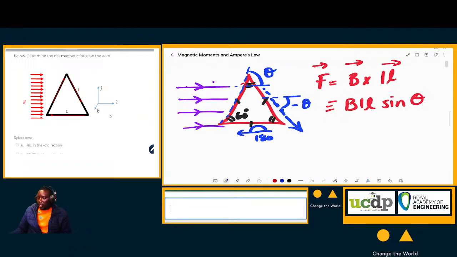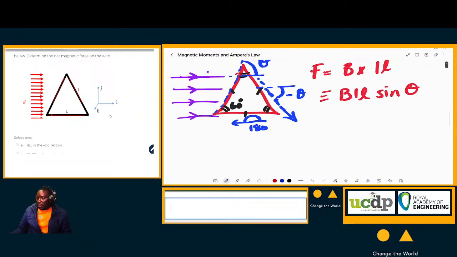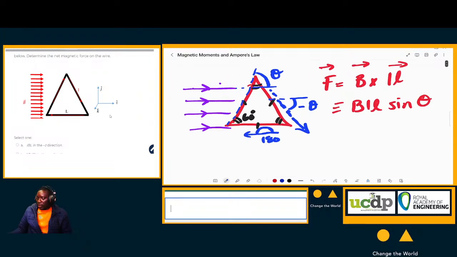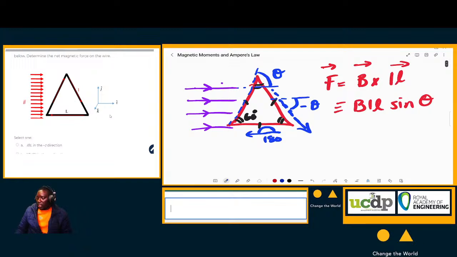Those are basically the two angles, so with sine 60 for this one and sine minus 60.